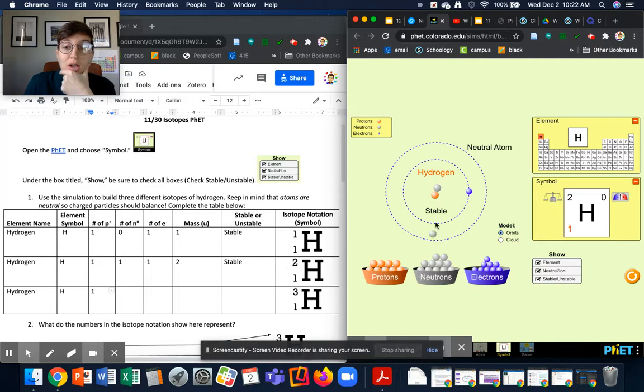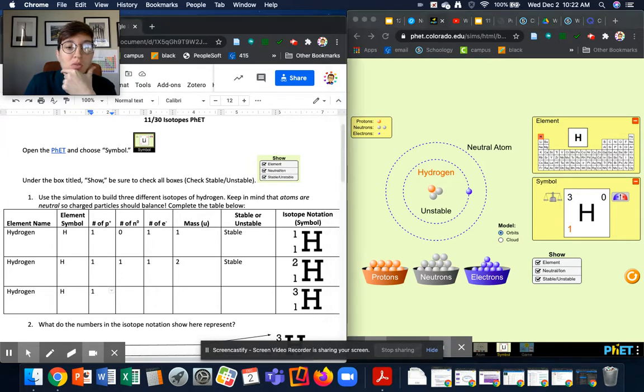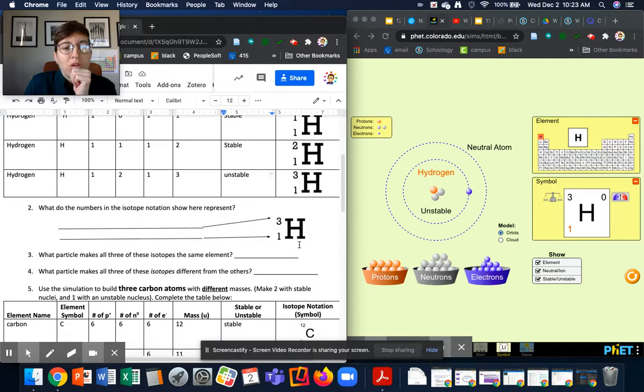So let's try that again. We'll add a neutron, and we change our mass number to 3. Okay, so there are now 2 neutrons. There's still 1 electron, and our mass number is 3. But what else changed is that this became unstable. Okay? So this is the idea here of isotopes, right?